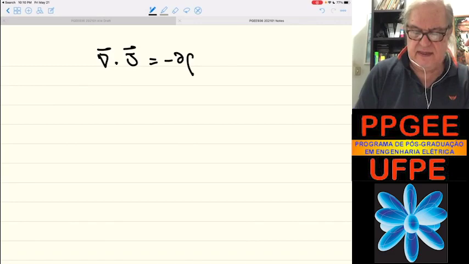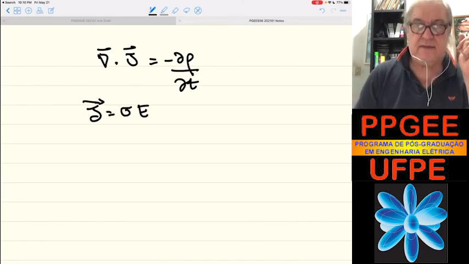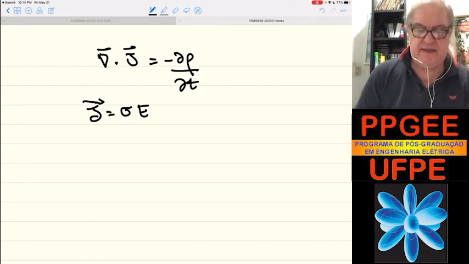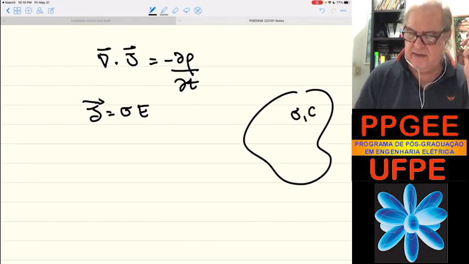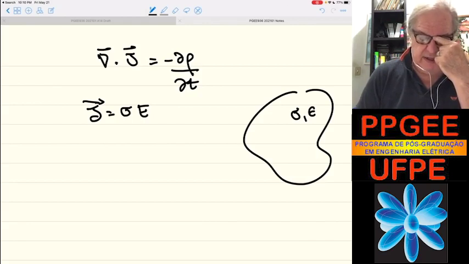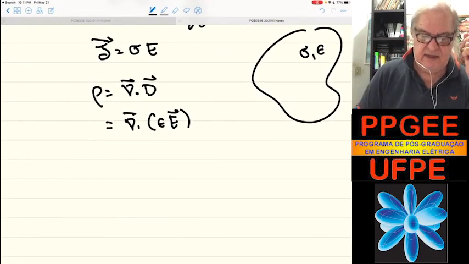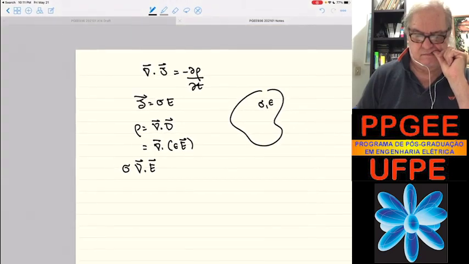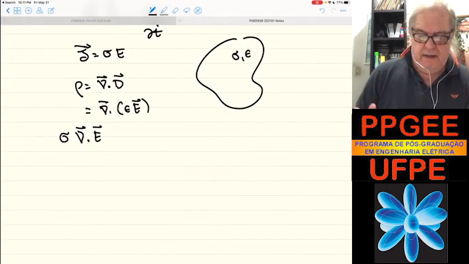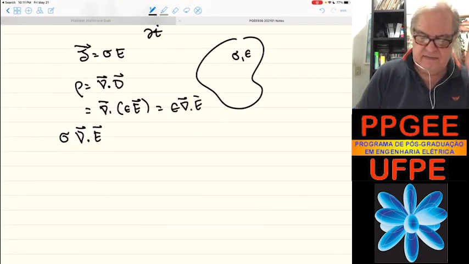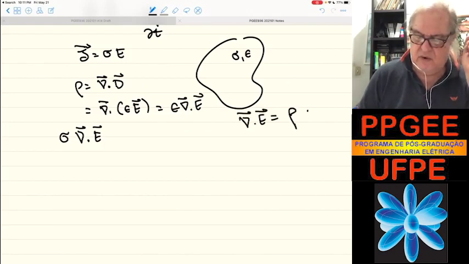If I have a material that obeys Ohm's law, and in the material you have a solid that has a conductivity sigma and permittivity epsilon, then in addition, rho equals divergence of D. If we relate D with E, this is going to be divergence of epsilon E. So divergence of E equals rho over epsilon.